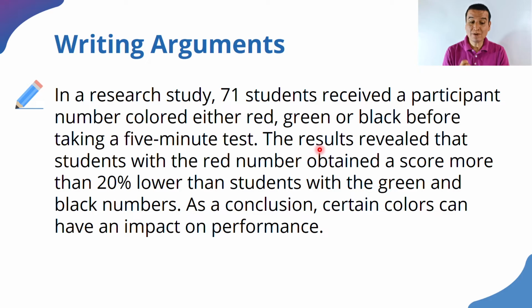The results revealed that students with the red number obtained a score more than 20% lower than students with the green and black numbers. If my number was red, my score was lower than the students who took the test and had been given a green or a black number. As a conclusion, certain colors can have an impact on performance.